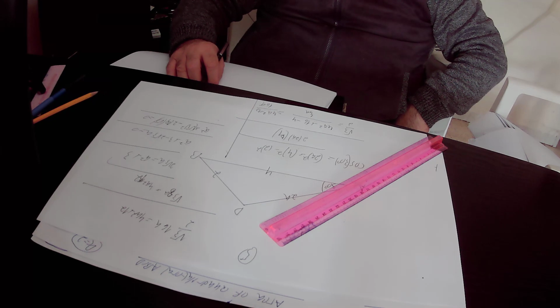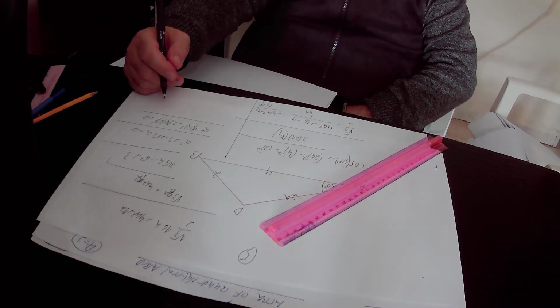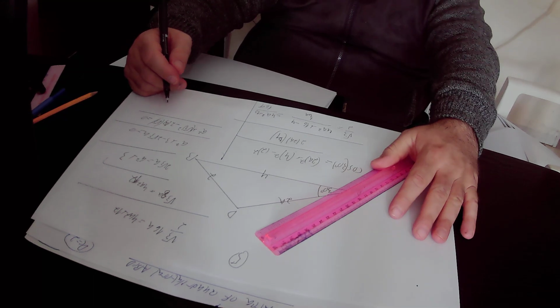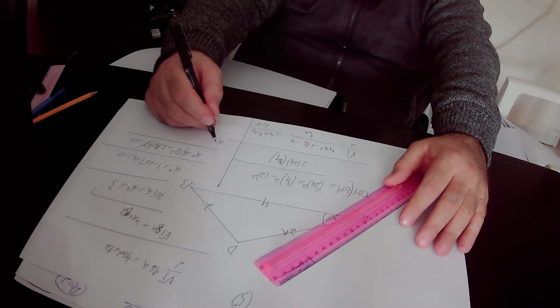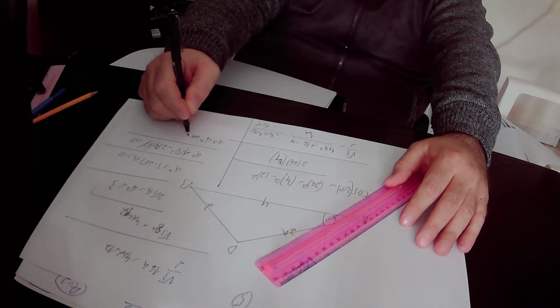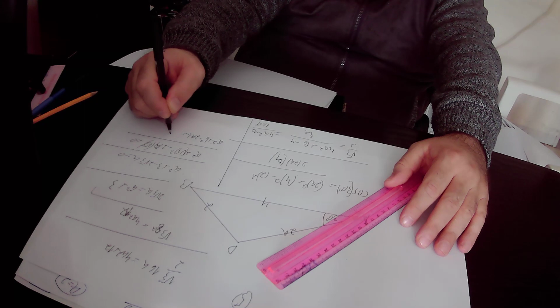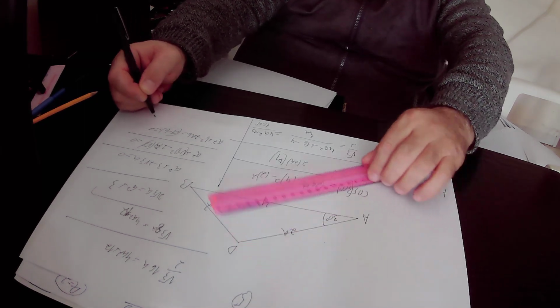So actually this expression is very similar to the algebraic identity that states that a squared plus b squared minus 2 times ab equals a minus b squared, that equals 0.